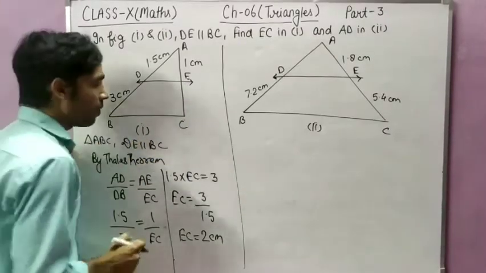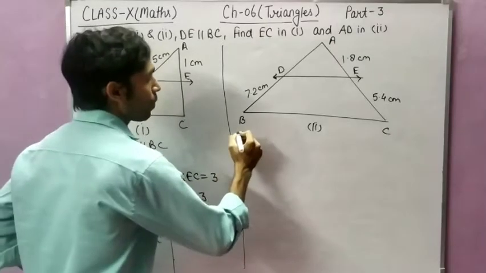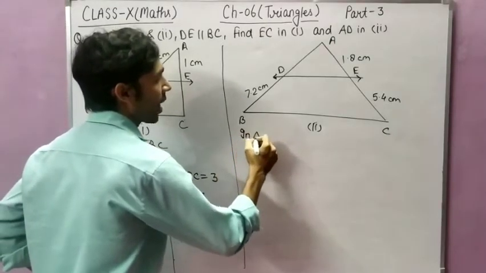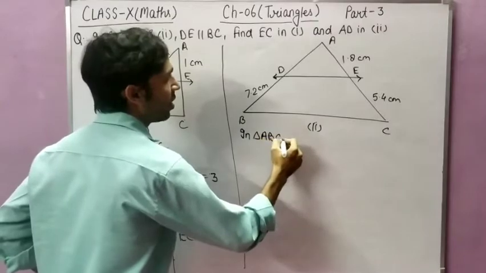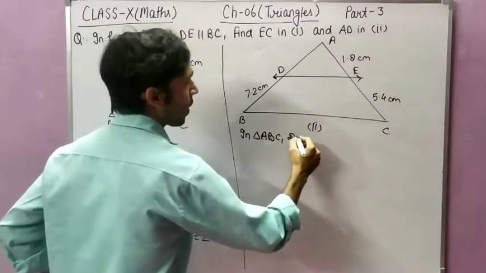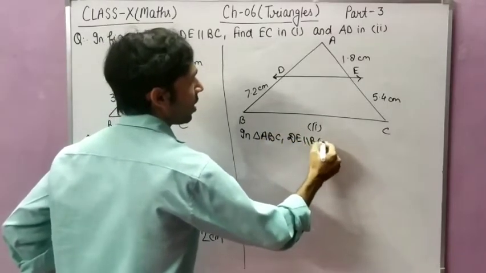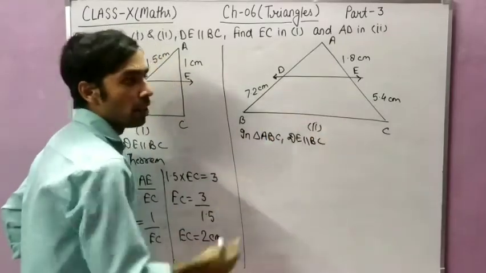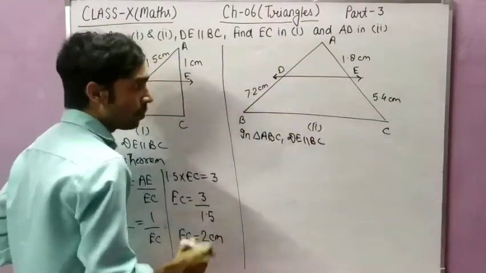Again, the same thing we will do in the second part. So in triangle ABC, it is again a triangle ABC in which DE is parallel to BC. Here also DE is parallel to BC. So the ratio of the other two sides will be the same.